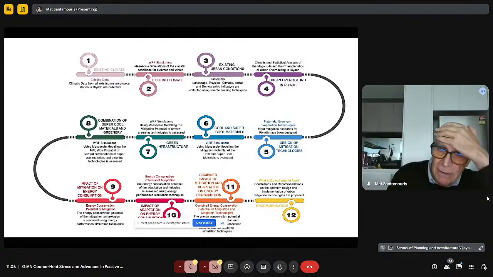In the fourth step, we have performed a climatic and a statistical analysis of the magnitude and the characteristics of the urban overheating in the city.